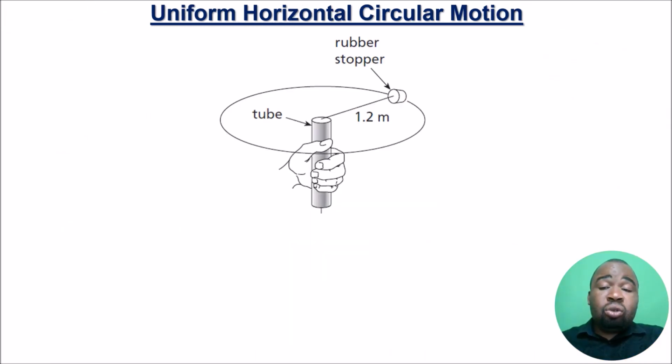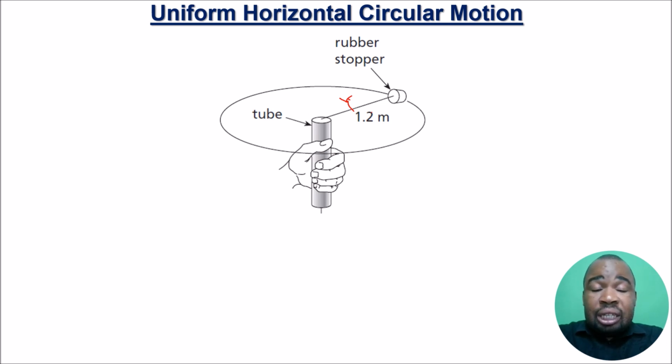Right. Those who watched or attended the first class when we were introducing circular motion, we talked about some key parameters, some key properties observed by an object moving in a circular path. Number one, we said the radius will remain constant. As the object is moving around the circle, the radius does not change.